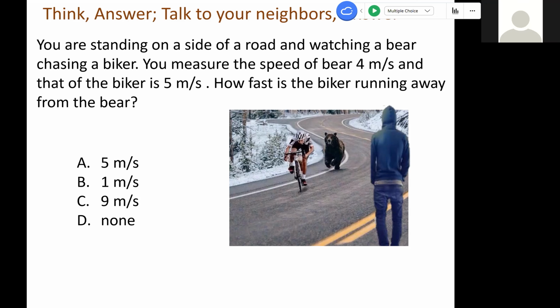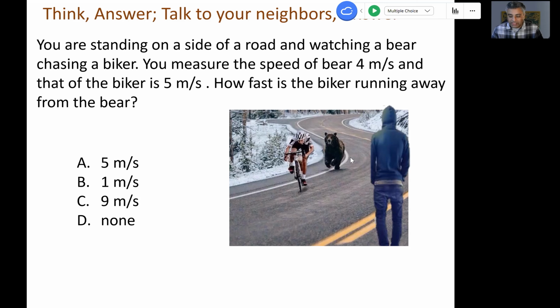It's relative to the bystander. So even though the bear is moving at a speed of 4 meters a second and the biker is at 5 meters per second, as both the bear and the cyclist move together, it only appears to the observer that it's by only 1 meter, 5 meters minus 4 meters.